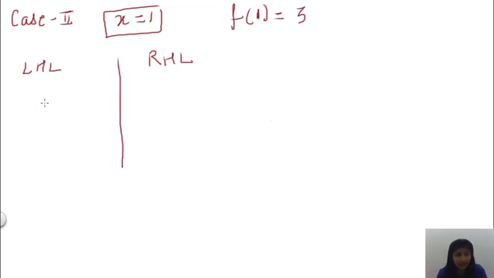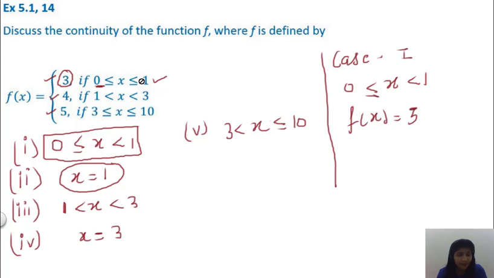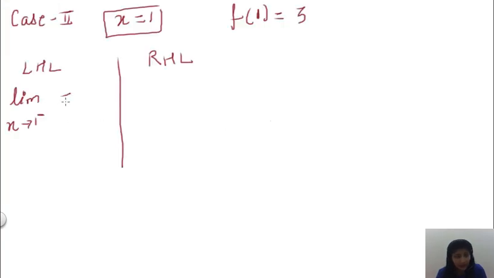In LHL, limit x will tend to 1 minus, and for the value of the function, that means less than 1, we have to go. Let us see what is the function less than 1. As we can see here, for x less than or equal to 1, we have the function value as 3. So let us write that. So here what will come? 3. So the answer will be 3 only, because there is no term of x here.